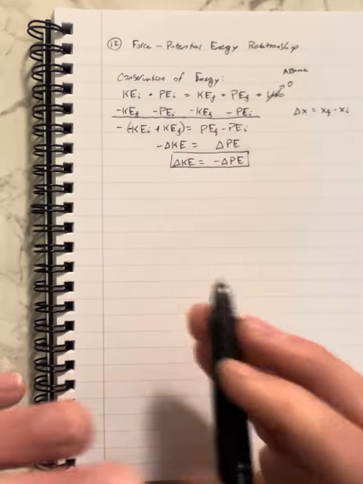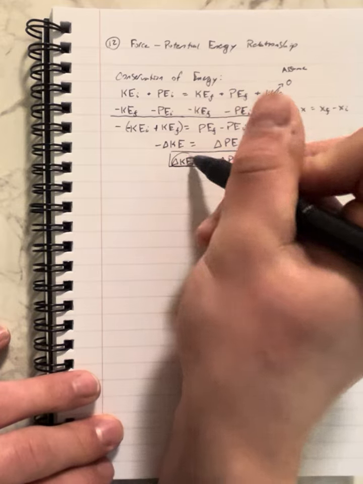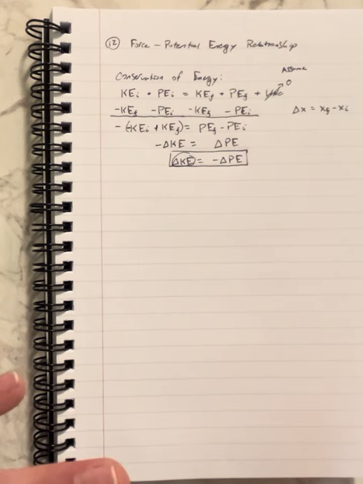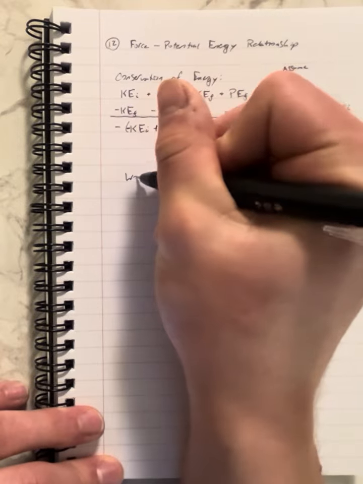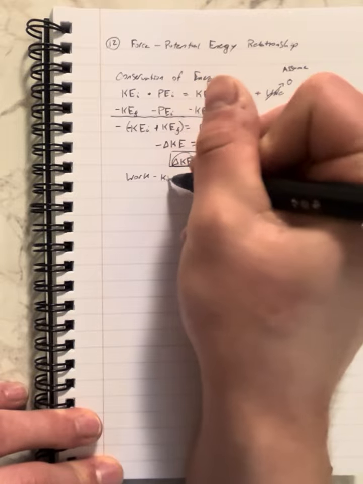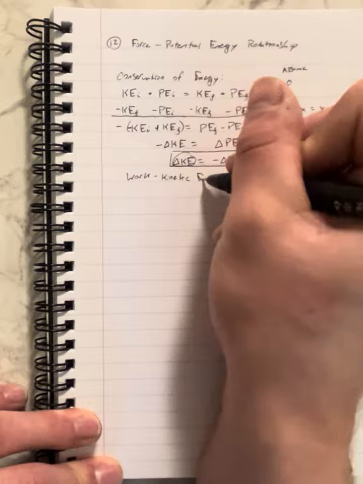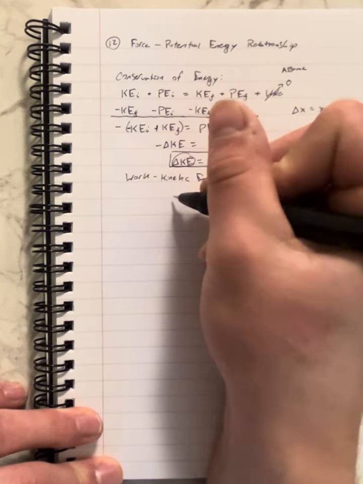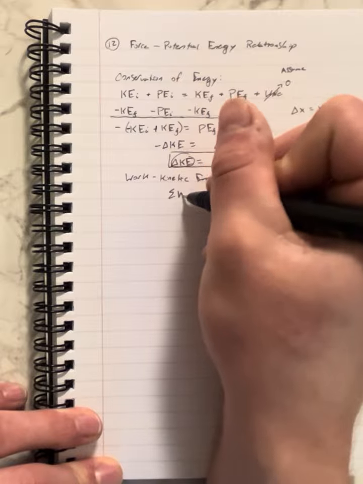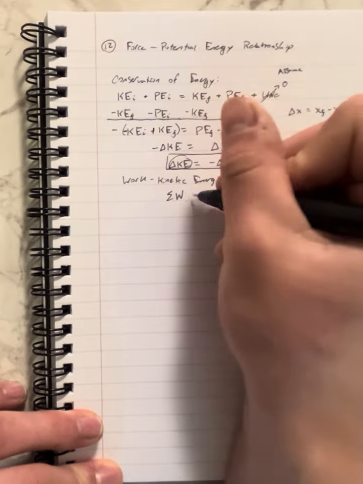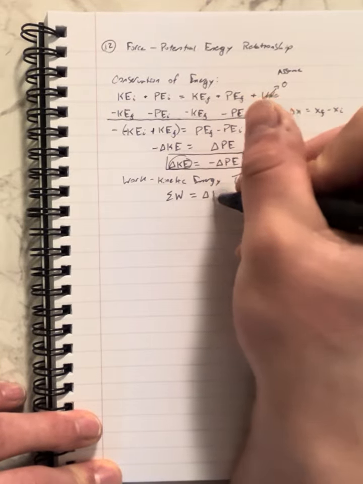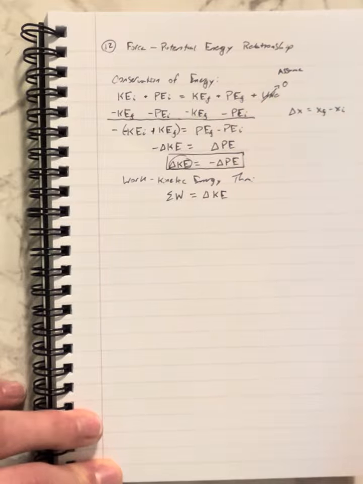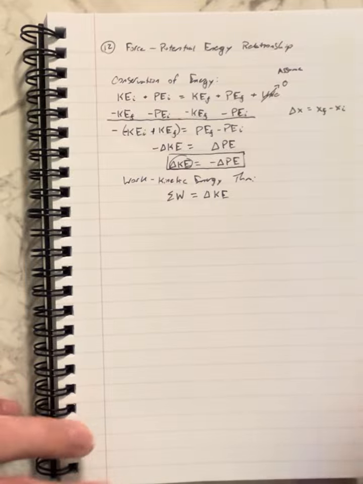Now I want to take a moment to consider, what do we know about delta KE? Well, we have the work-kinetic energy theorem. And that stated that the summation of work done on a system was equal to the change in kinetic energy.